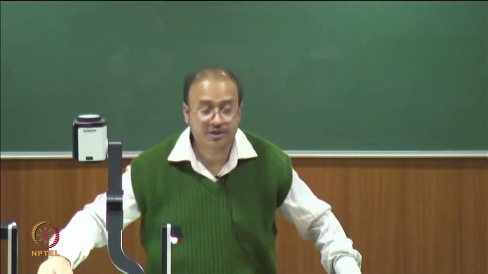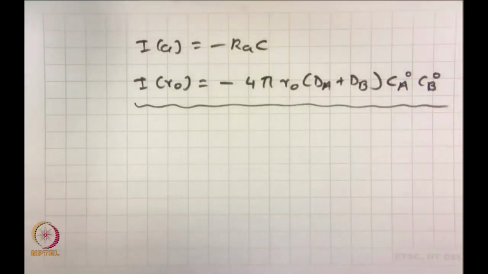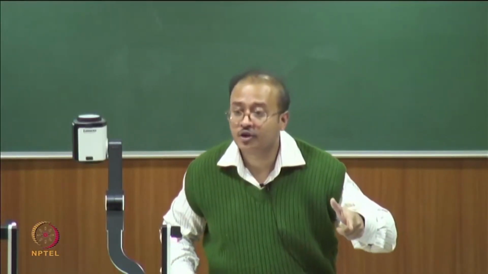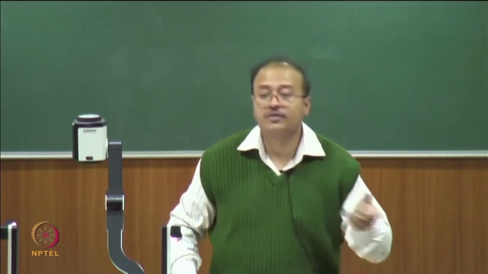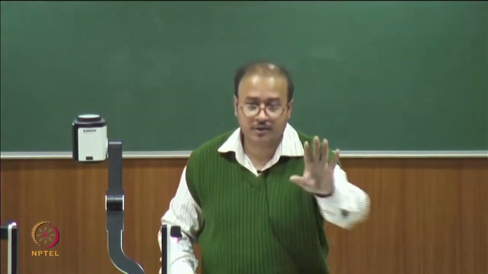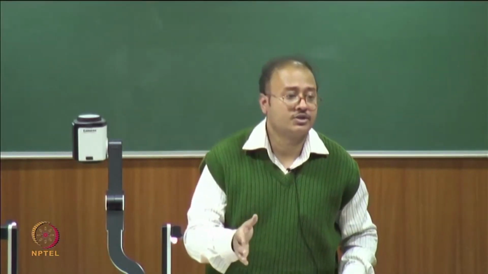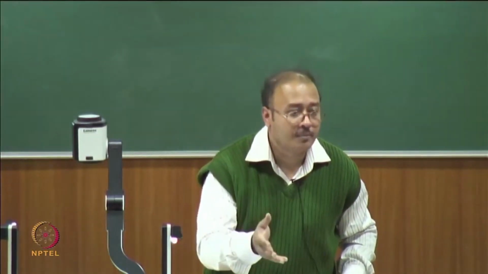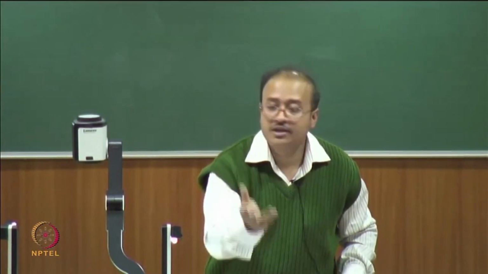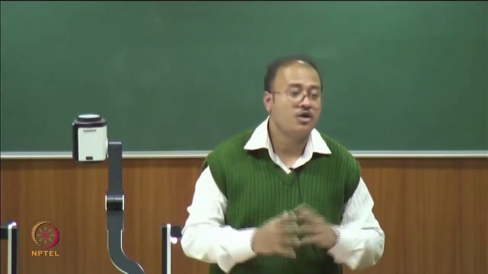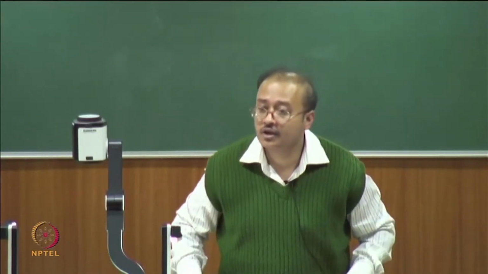That means this concentration is essentially in terms of molecules. If we have to go to moles, what will happen? You have to multiply it by the corresponding Avogadro number. So, I will give you the most general equation in the next class, but if you look at this equation, you would see that it would only differ by another constant, which is the Avogadro's number. Okay. It just takes into account that you have a mole of molecules which are diffusing and reacting with each other.